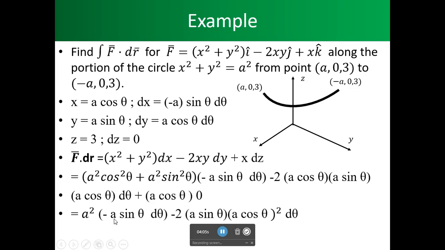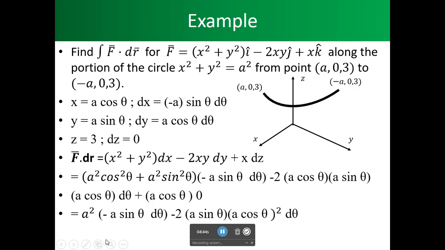And so now you have a squared pulled out. And if you look back here, you have another a squared. We pull this together: cosine squared plus sine squared, with an a squared pulled out, is equal to what? 1. So this is just a squared.